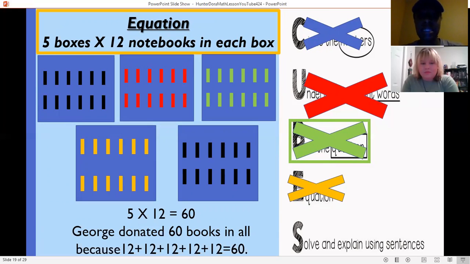George donated 60 books in all because 12 plus 12 plus 12 plus 12 plus 12 equals 60. All right, we added, we used a drawing, and then we used repeated addition because repeated addition is also multiplication. Wonderful. Thank you, Ms. Dora. That was a great explanation.